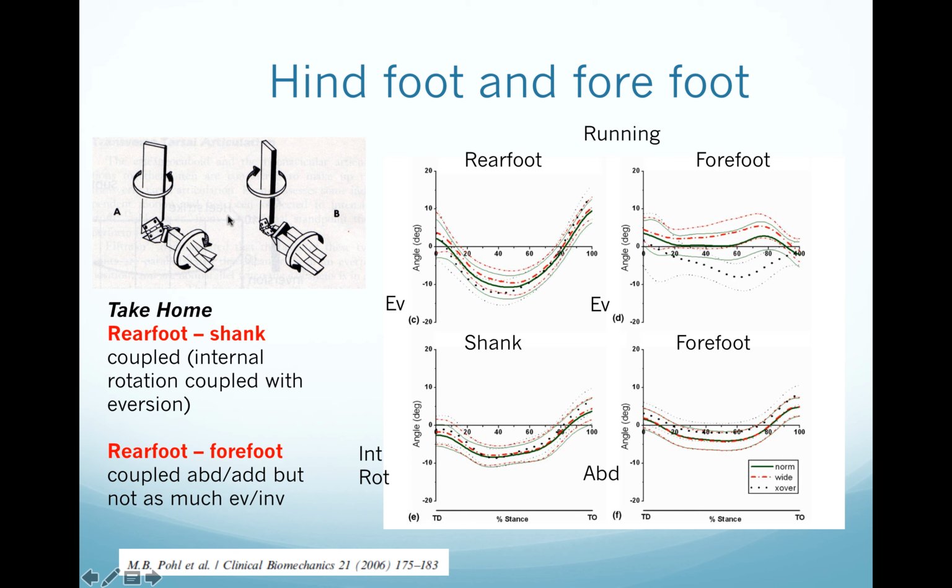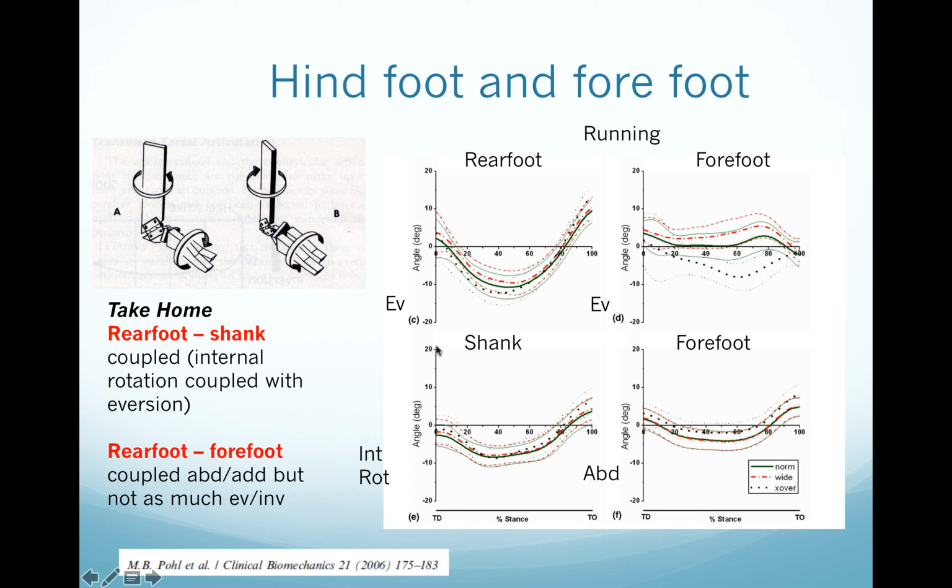So on this graphic, we're going to look at the correlation between shank motion, subtalar motion, and foot motion during running. This is different than walking because there's much more rotation of the shank during running than walking. So first, let's look at the shank motion, which is down here in this left bottom corner.